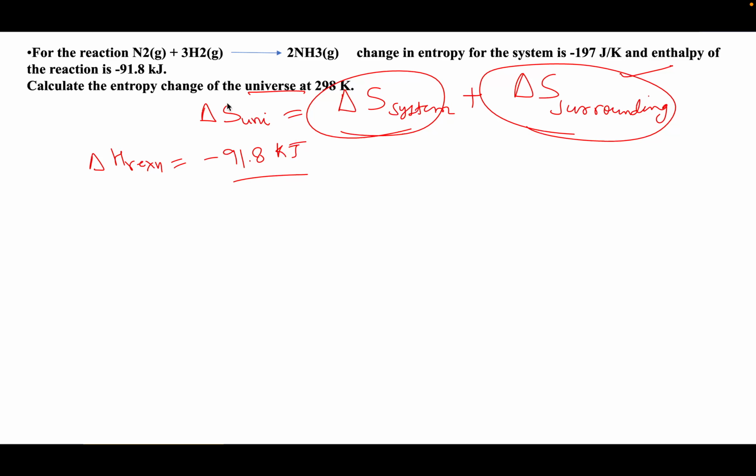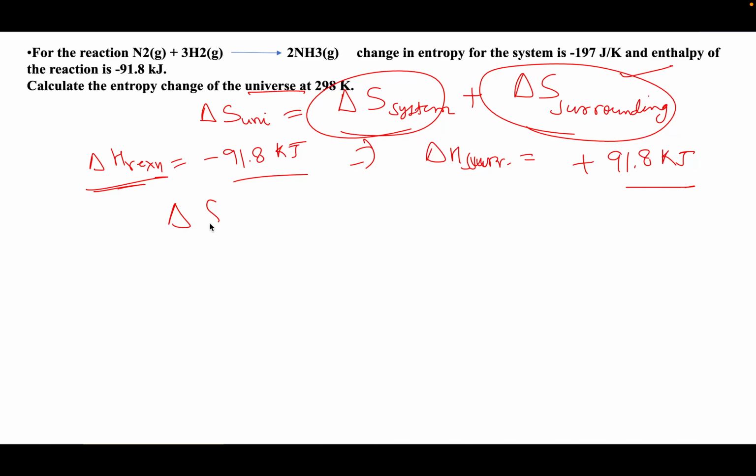And we know that in a reaction the amount of heat that is given out is for the system, and this heat is just opposite to the delta H of surrounding. So delta H of surrounding is equal to plus 91.8 kilojoule.